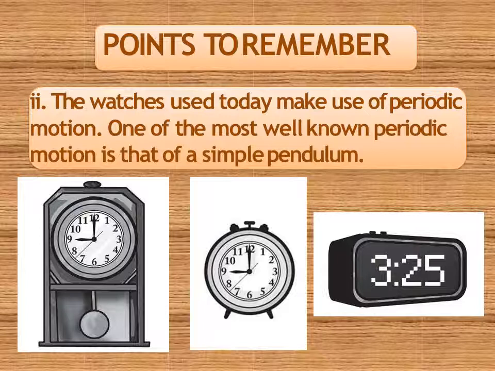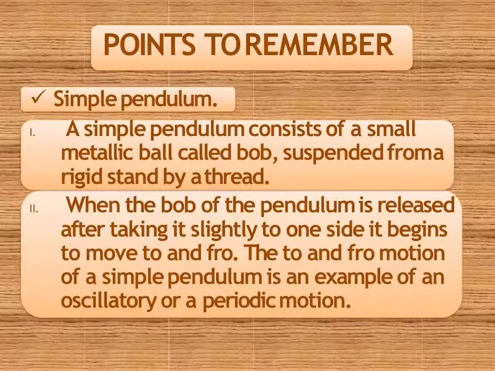One of the most well known periodic motions is that of a simple pendulum, and by this movement modern measuring devices are made. We will have a look at the simple pendulum in our next discussion.